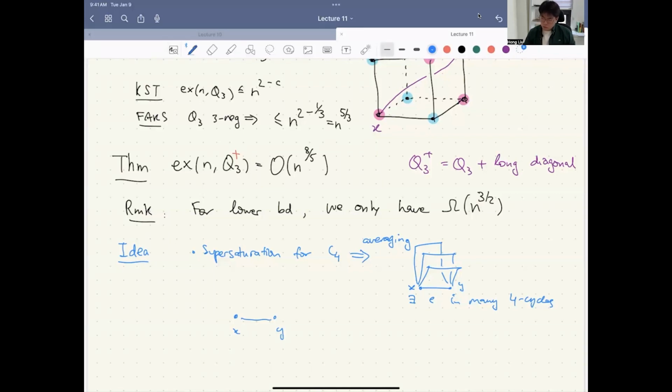Okay, now let's draw it in a slightly different way, in a bipartite fashion. This is the neighborhood of X, right? So let's draw it here. This is the neighborhood of Y. Let's draw it like this in the bipartite fashion. Now all we need to do is, between the neighborhood of X and the neighborhood of Y, find a six cycle.